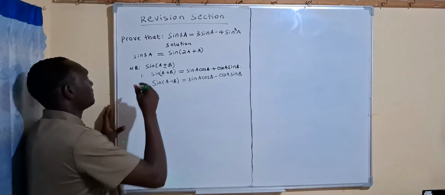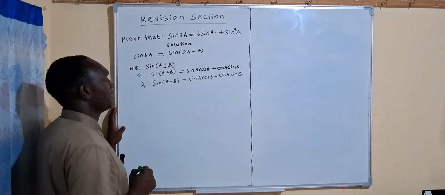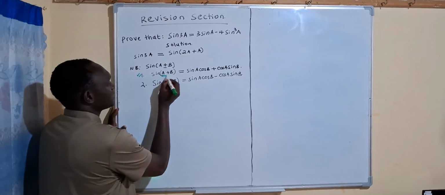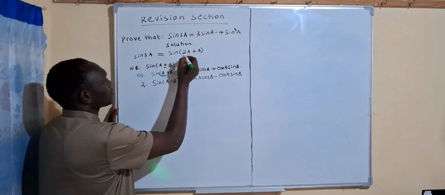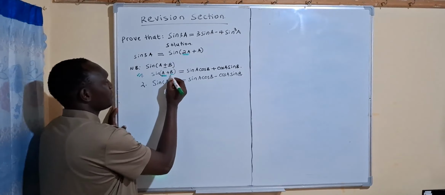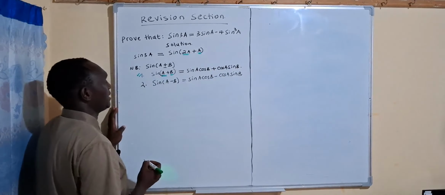So if you look at it, ours corresponds to the first one, sine of A plus B, where A is any angle. So this A in this case will correspond to our 2A, and the other angle, B, will correspond to our angle A here.